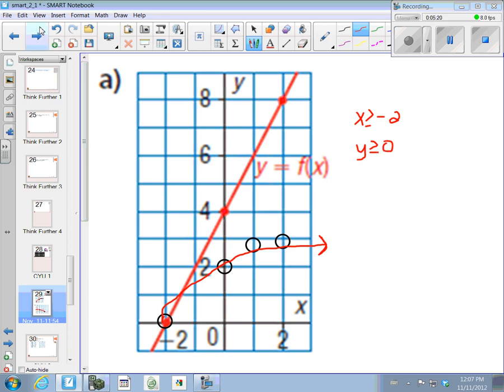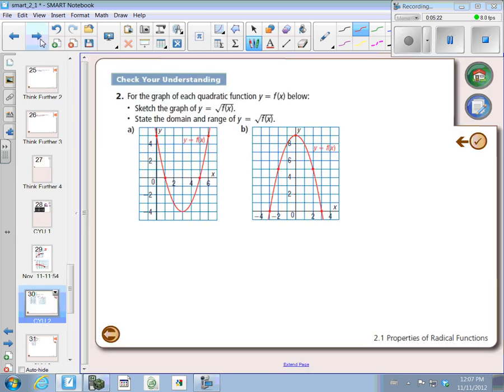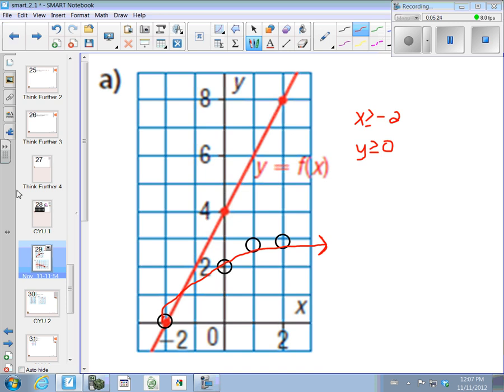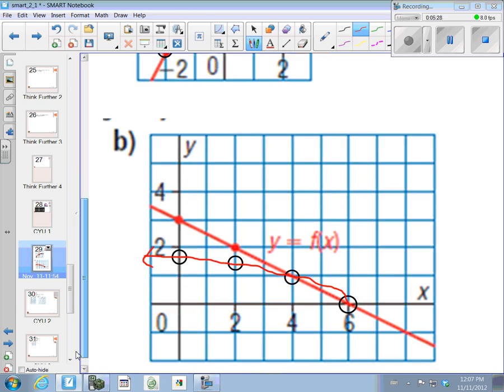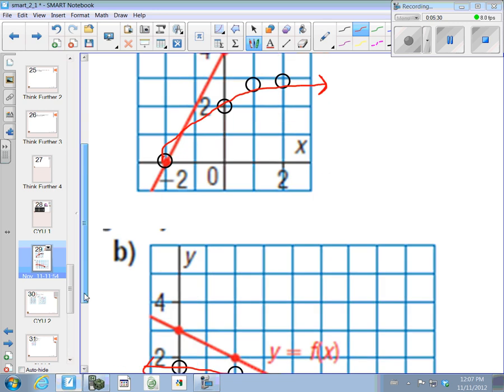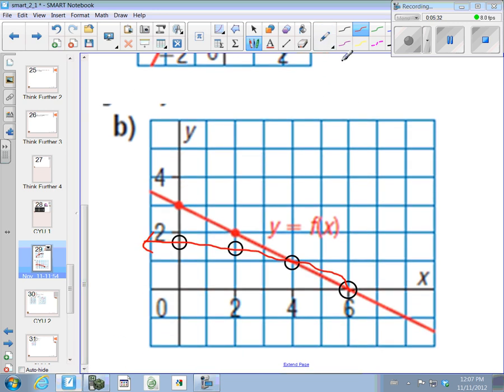And the second graph, where are you now? Oh, down below, sorry. Here we go. For this one, the domain x is less than or equal to 6. That's the starting point. And y is greater than or equal to 0.